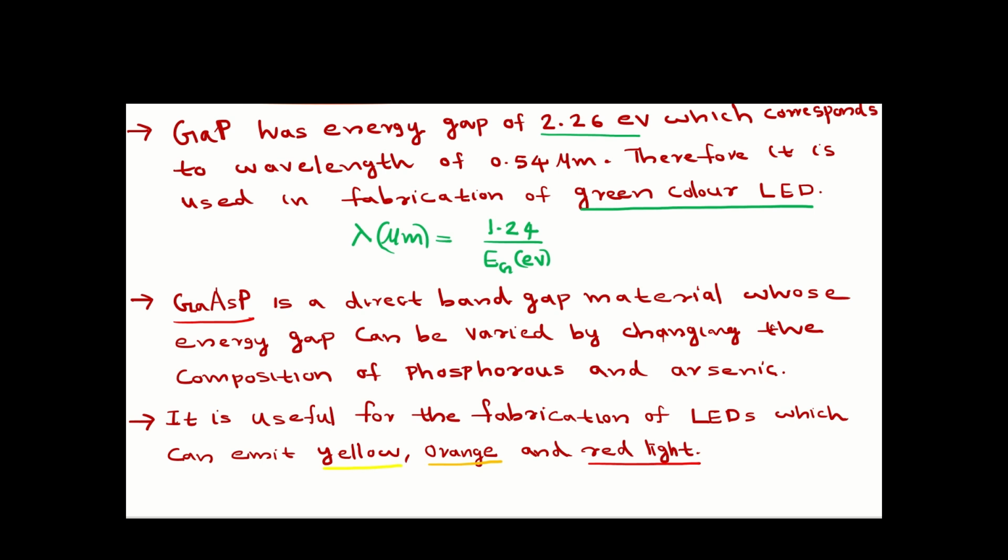It is useful for the fabrication of LED which can emit yellow, orange and red light. Depending on the composition of phosphorus and arsenic, these LEDs can emit yellow, orange or red light.